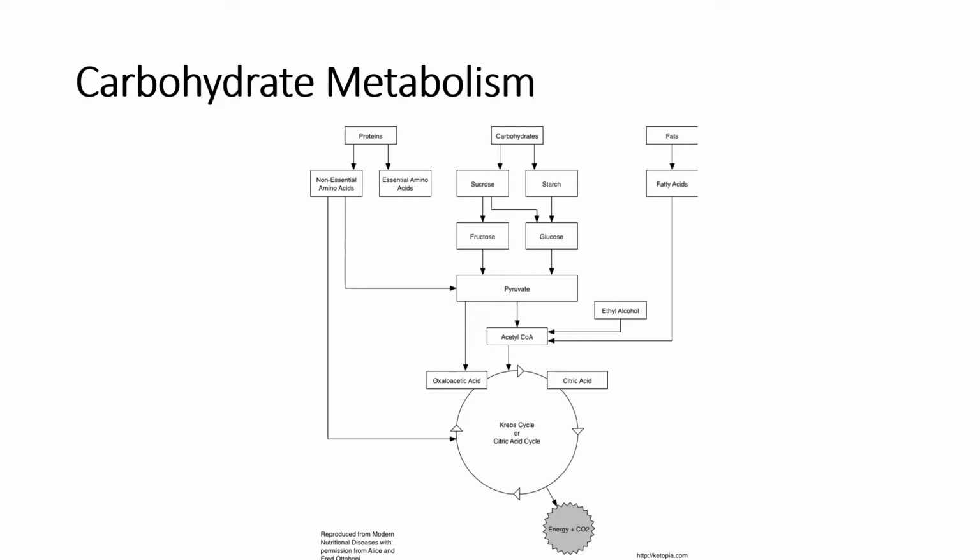The focus of this lab is on carbohydrate metabolism, which involves taking different types of carbohydrates and running them through a reaction to produce ATP. ATP is the readily usable form of energy for a cell, and all cells need a constant supply of ATP.